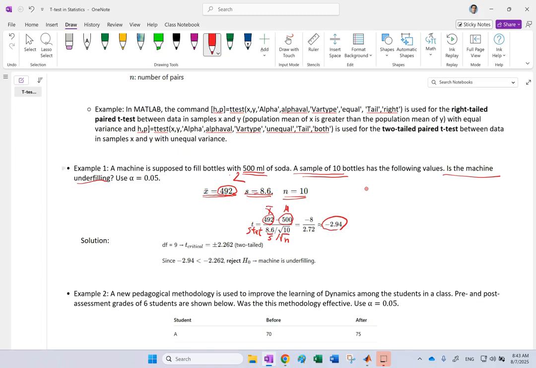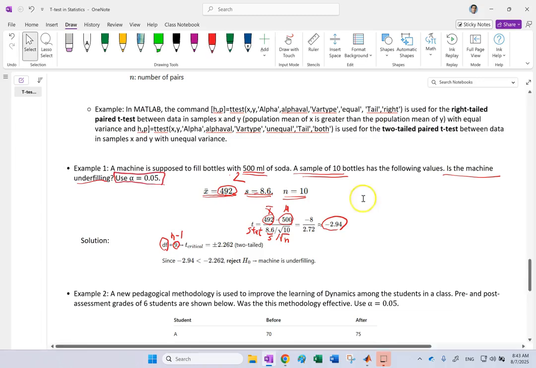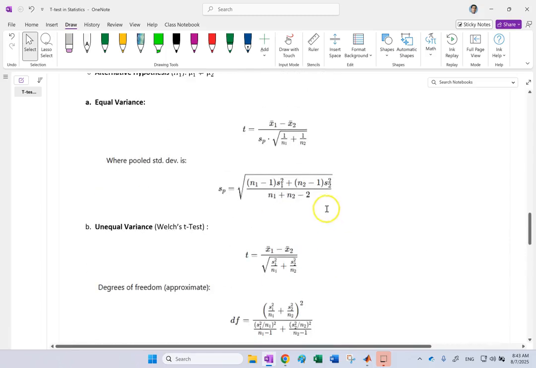Now, you need to go to the t-table and use a degree of freedom, which in this case is n minus 1. n is 10, so you get 9. And we want to use a 5% chance of type 1 error. So with 0.05 and 9, we go to the table. Let's see what we get.